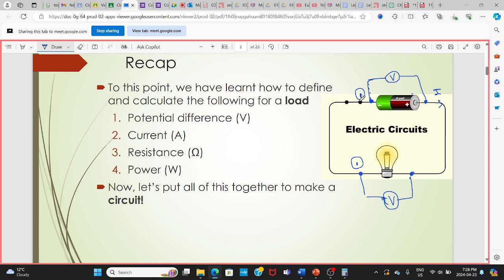Why? Because this point is just simply connected with a wire without any interruptions. In all questions we do, we assume that these wires don't have resistance. The resistance is negligible in the wire that we use in our questions, right? So point one and one are the same because there is nothing happening to your electron.